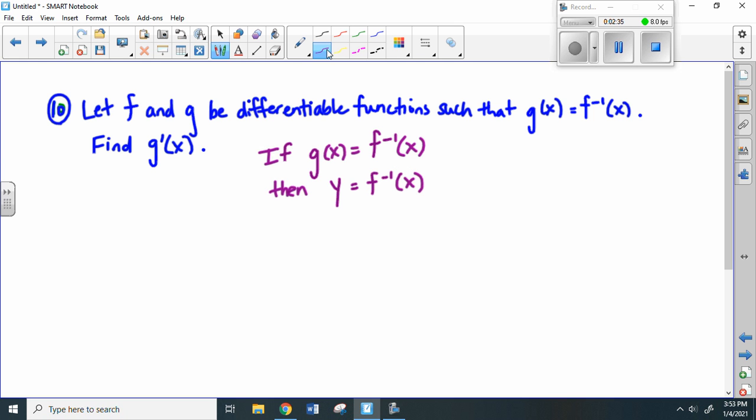I know that seems kind of silly, but we're literally going to take f of both sides. But when I take f of f inverse, it cancels out. Now, when you look at your equation, you no longer have an inverse, at least in terms of notation, and we can take the derivative if it doesn't have an inverse in it.